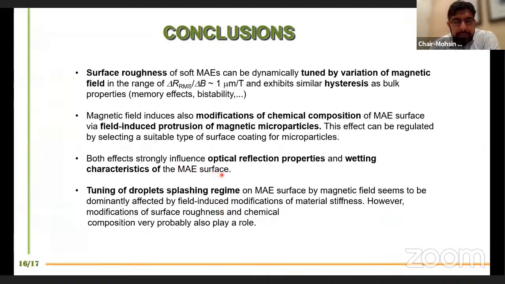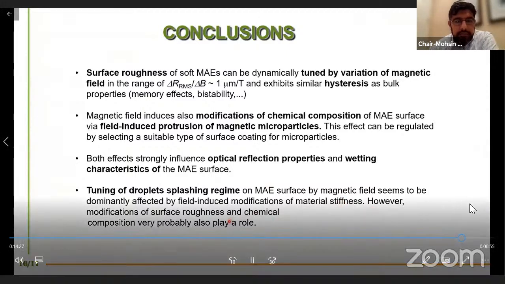Both effects strongly influence optical reflection properties and also wetting characteristics on the surface of magnetoactive elastomers. And the last thing is that tuning of droplet splashing is also possible on magnetoactive elastomers because the magnetic field causes modifications of material stiffness.